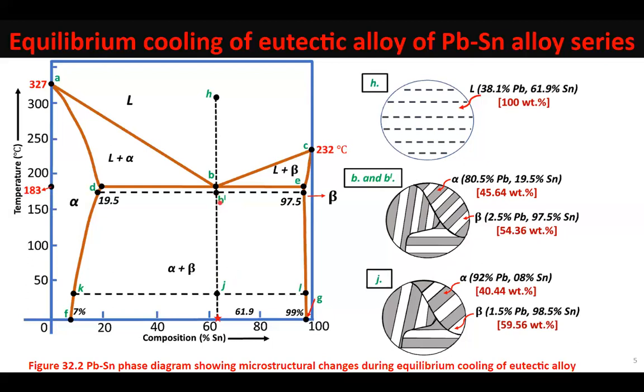But the difference is that the relative weight of alpha and beta has changed, because alpha is precipitating out tin in the form of beta, and beta is precipitating out lead in the form of alpha. So as you move from this point to this point, now here your alpha is not of 19.5%, it's of about 8%.